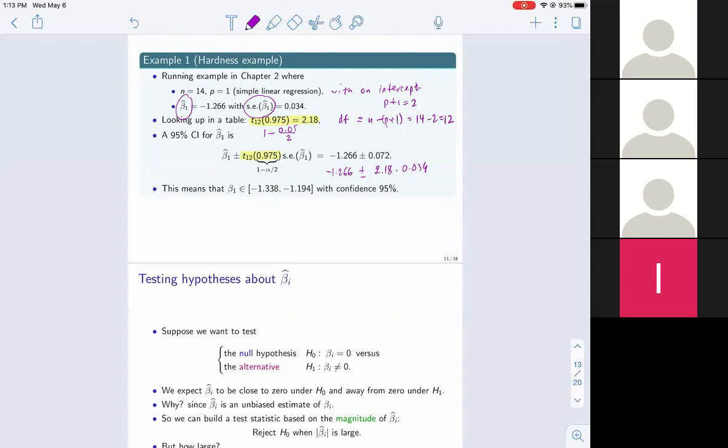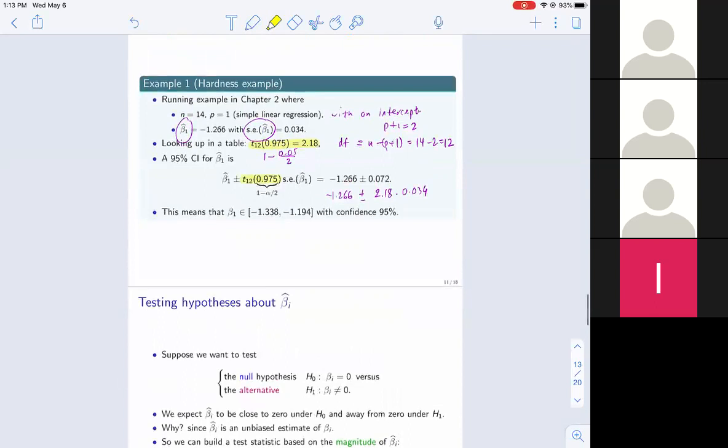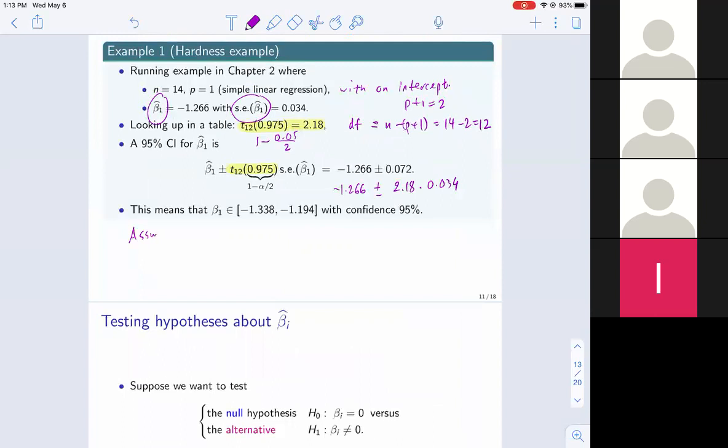Okay, and you can use confidence intervals to do hypothesis tests. We're going to talk about hypothesis testing shortly, but here, let's say we want to test the null hypothesis H naught being beta i equals 0.